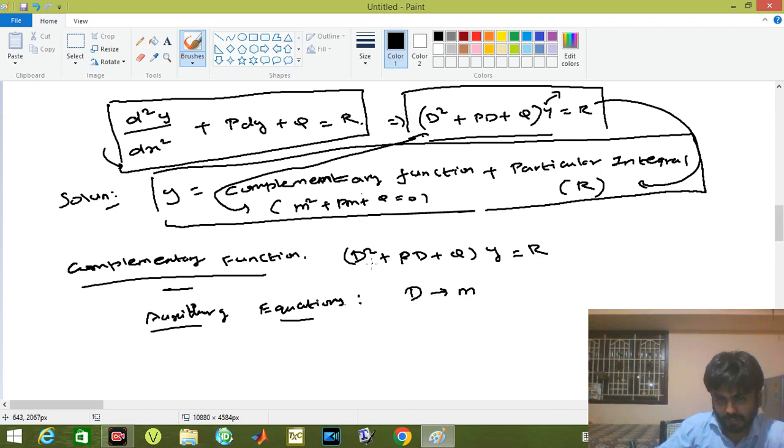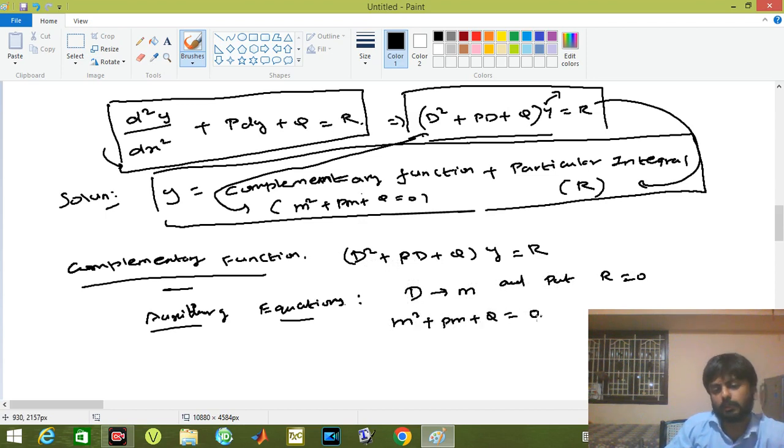So when you have this equation, replace this D by m and put r equal to 0, so you will have m square plus pm plus q equal to 0.